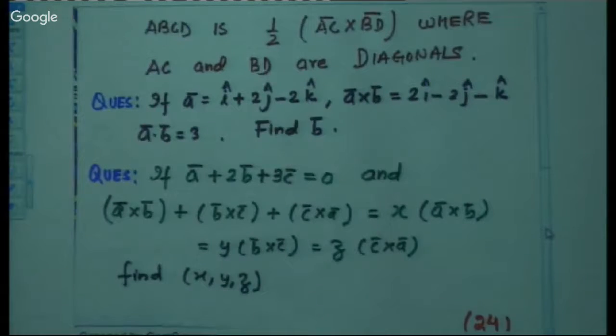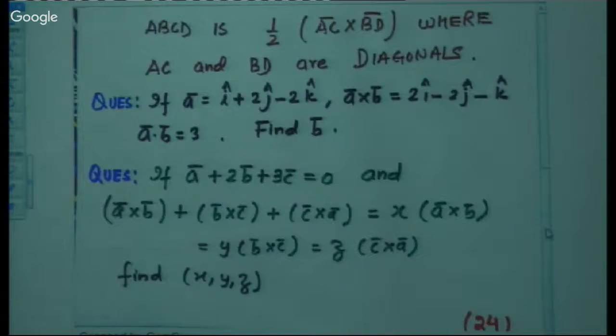For cross, what will we do? A cross B. So not i j k, A is there, so A will be 1, 2, minus 2 and x, y, z.